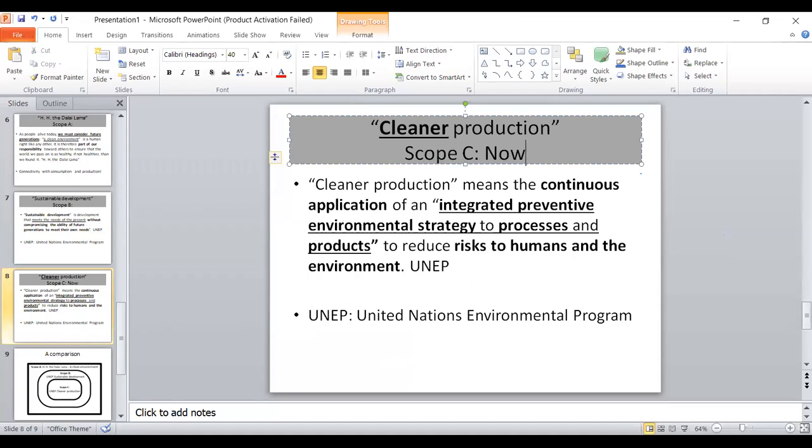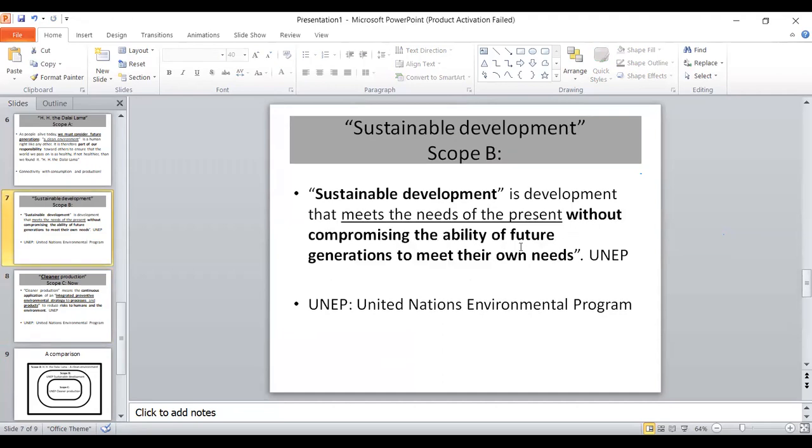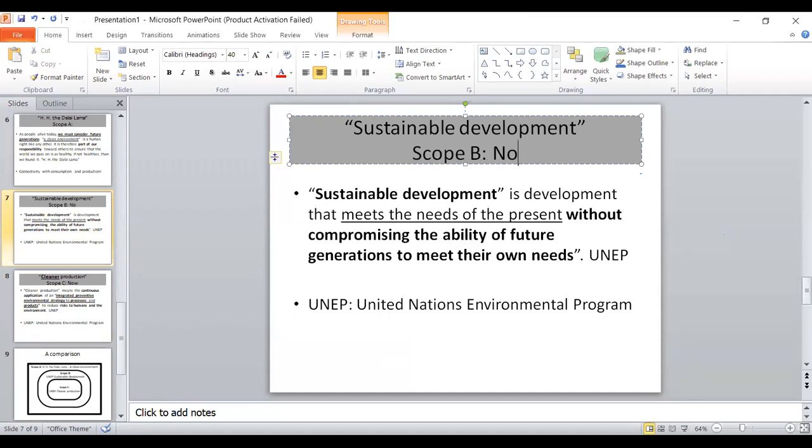Okay, this is always now, continuous. So on the timeline, this is now you are considering. For sustainability, you have to think about future generations, and also about the now. This is now and future.